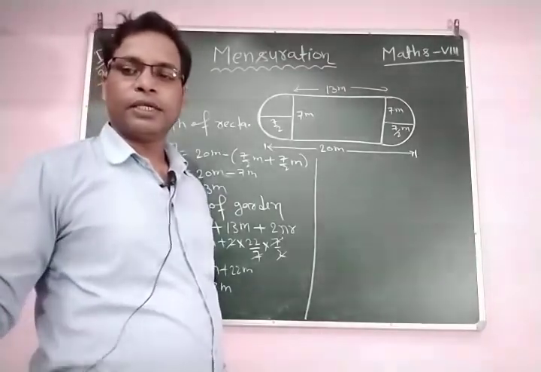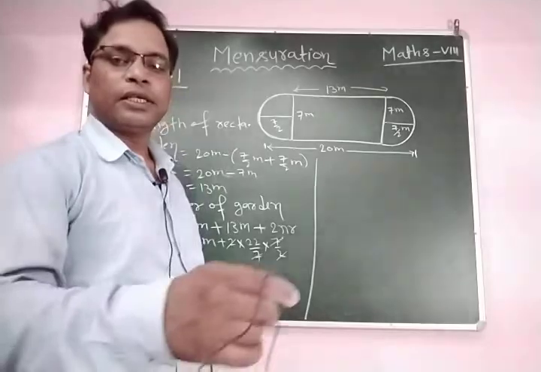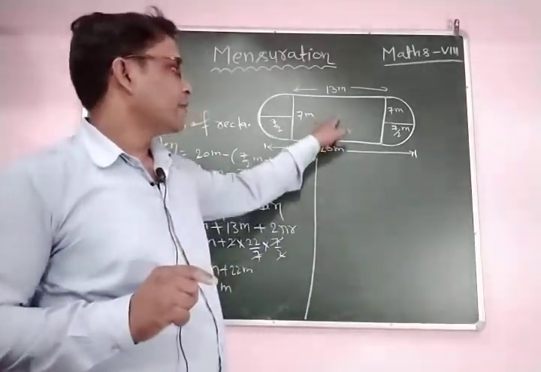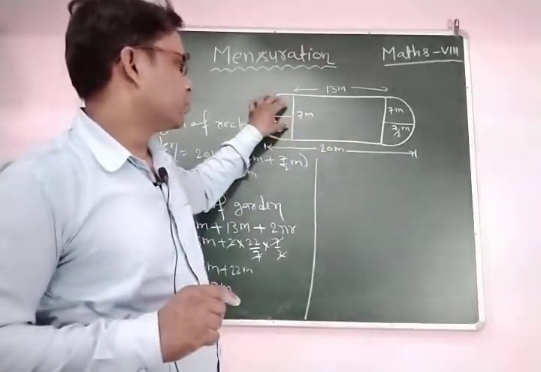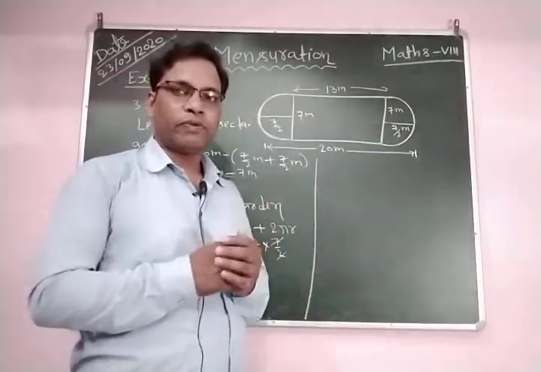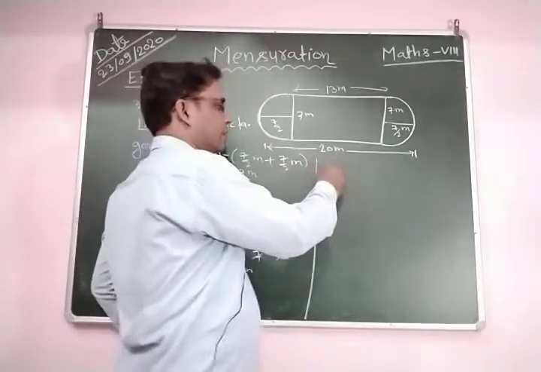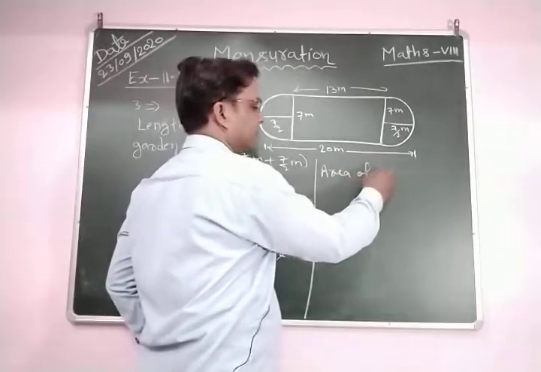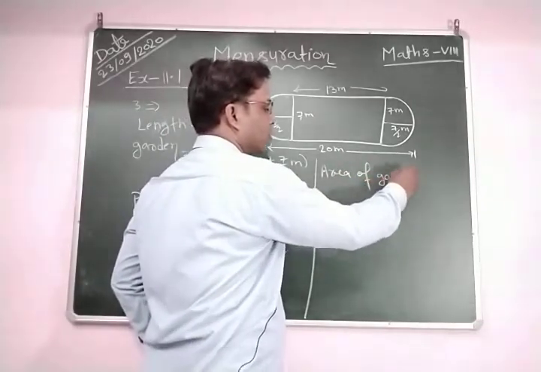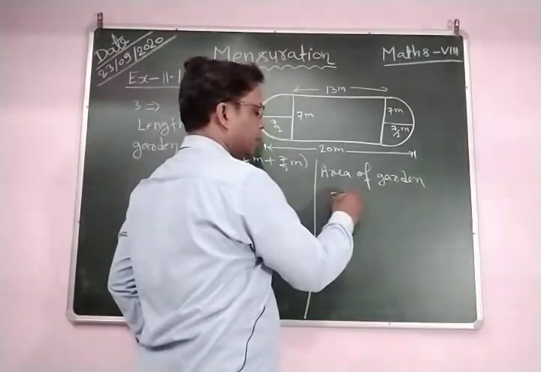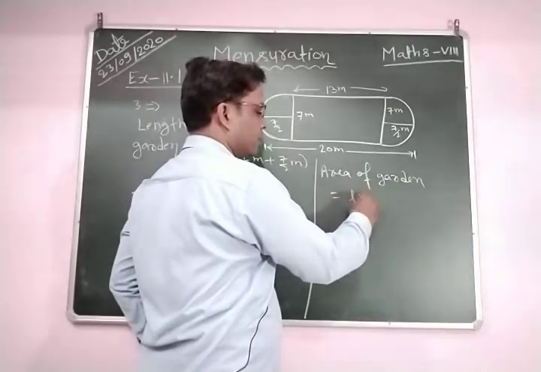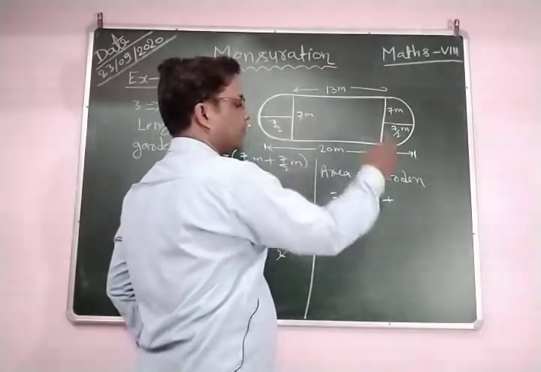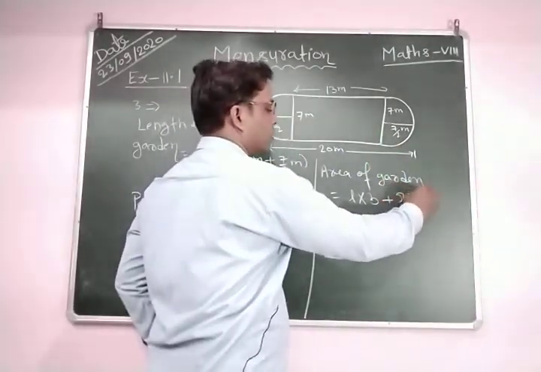For the area of the garden, you can see this garden is divided into two shapes. One shape is the area of the rectangle, this part, and that part is semicircular, this is semicircular. Together, the area of the garden is equal to, you can write here, area of garden equal to L into B for this shape, plus this becomes one circular shape, so pi r square.